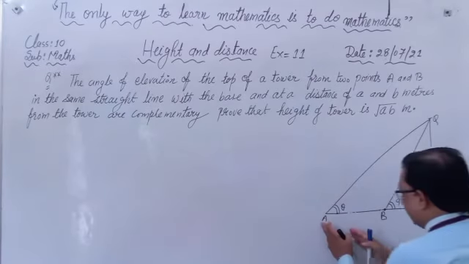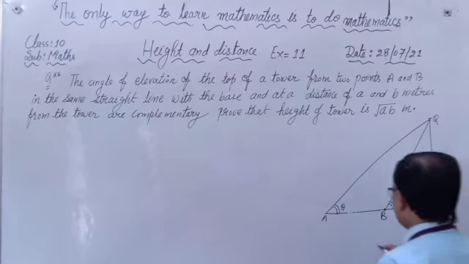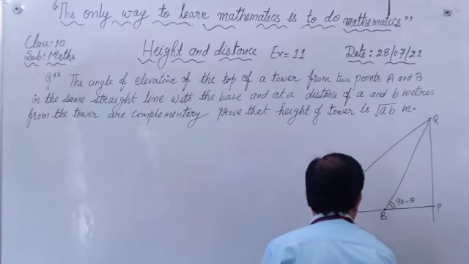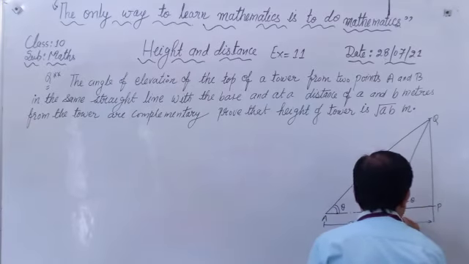The distance of these points from the tower is given. This whole distance is given as A meter and this distance is given as B.